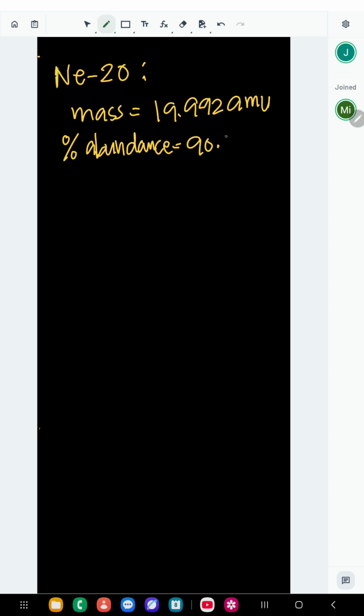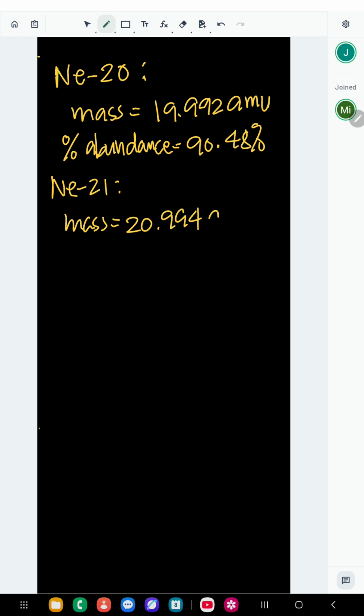The percent abundance for neon 20 is 90.48%, and for neon 21, its mass is equal to 20.994 atomic mass unit, and its percent abundance is 0.27%.